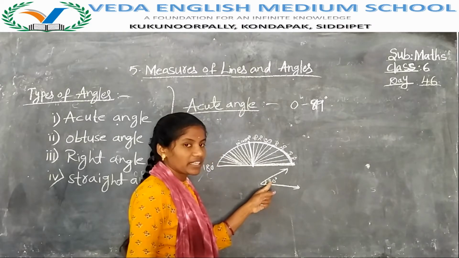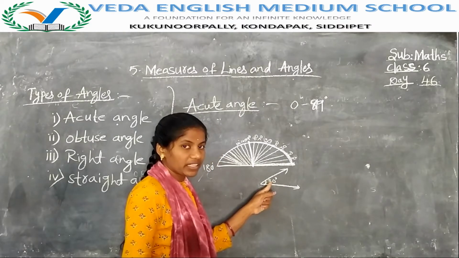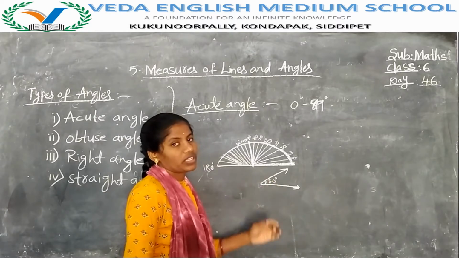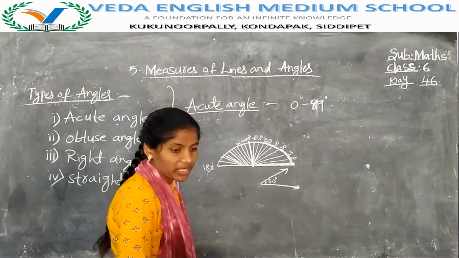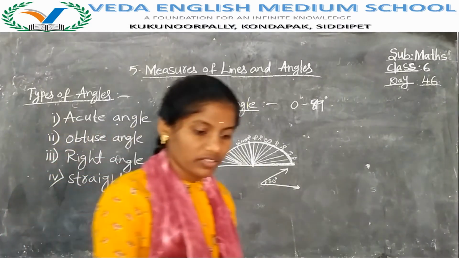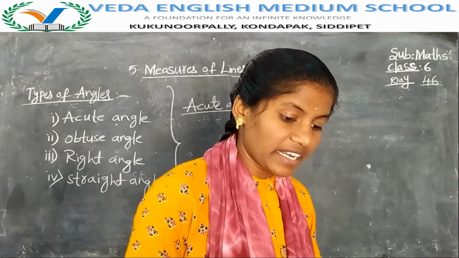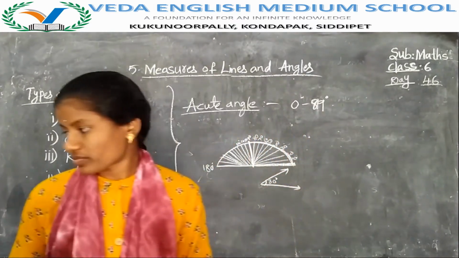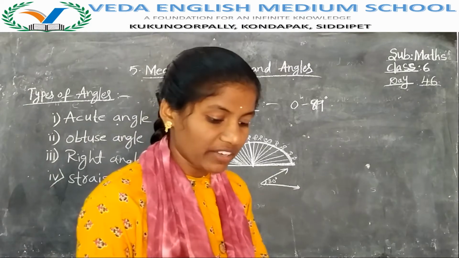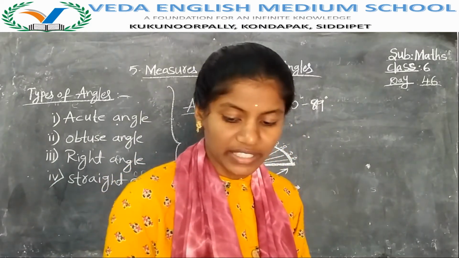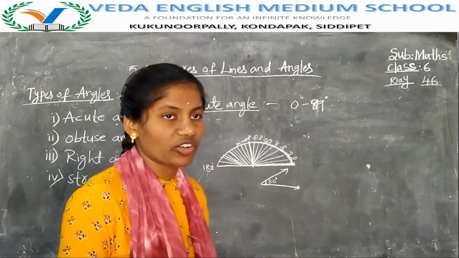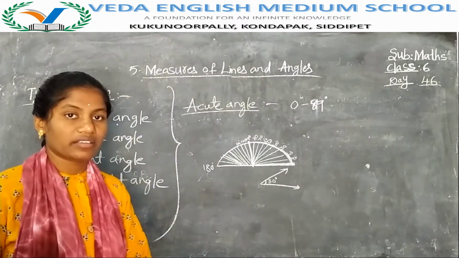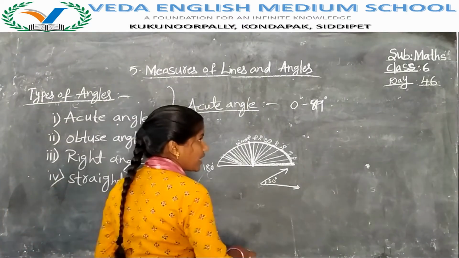Suppose you take it as 30, it is less than 89, less than 90. So it is an acute angle. That means the angle which is less than 90 is called acute angle. If the angle is from 0 degrees to 89 degrees, it is called acute angle. Acute angle means less than 90.